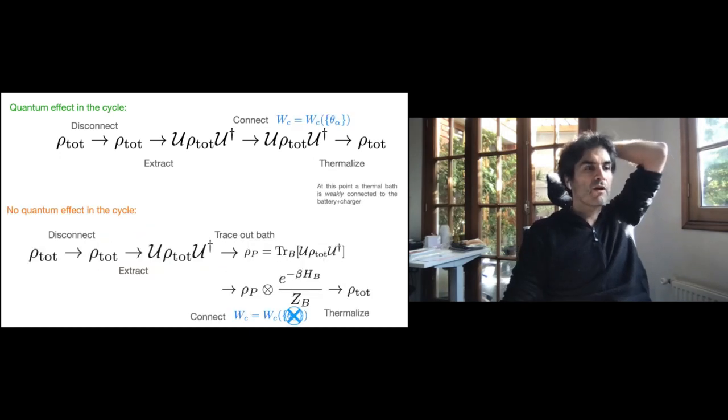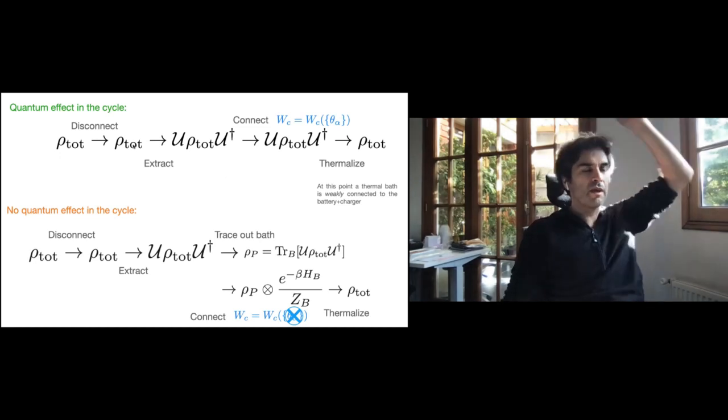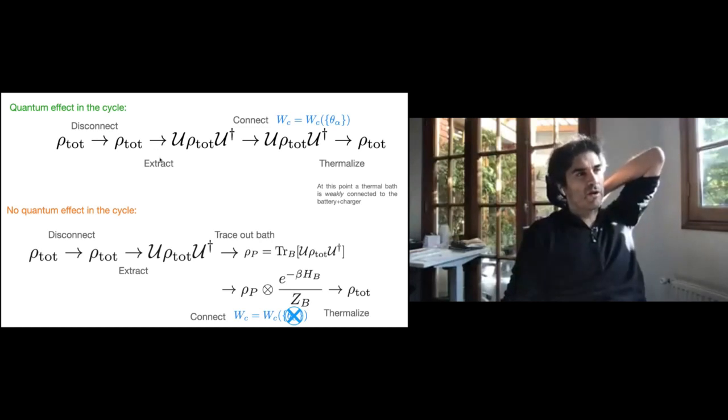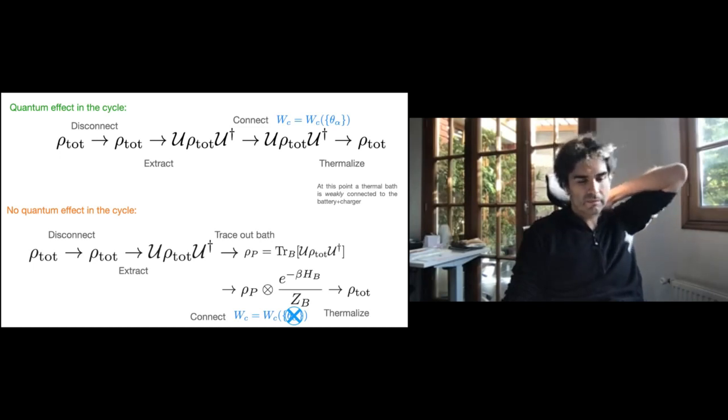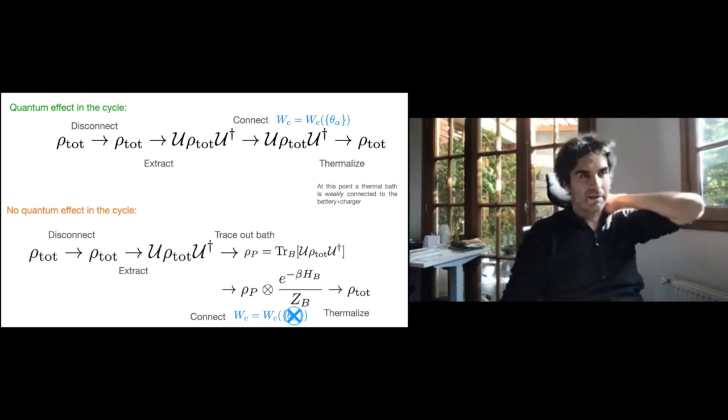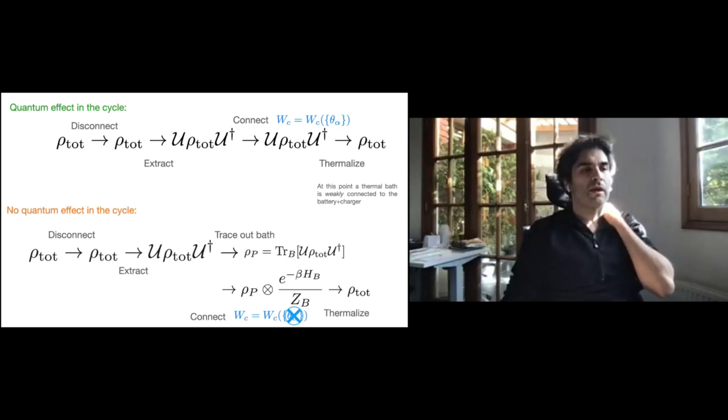In the lower one, we disconnect, we extract, and then we connect, but we connect to the same charger. In the one below, we connect to a new charger, which is in a fresh thermal state, and in this case there is no correlation between the battery, which is in the passive state, and the charger.